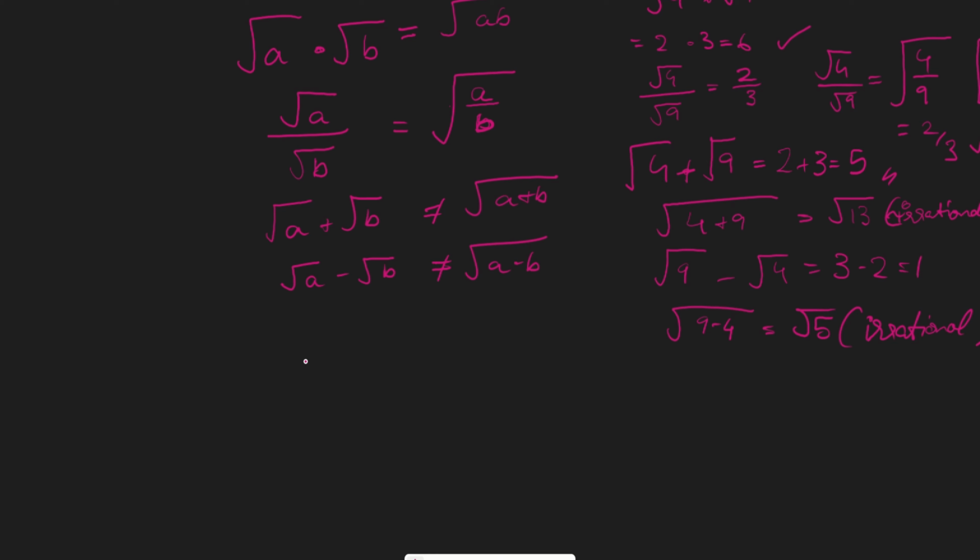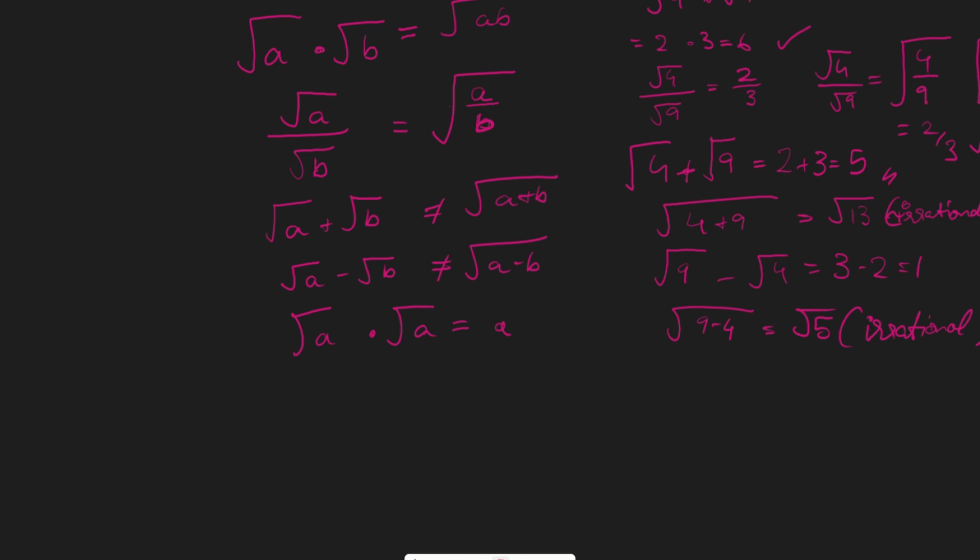Well, now root a times root a is essentially root a square, right? Now you have a square root and you have a square, so that's going to cancel. So you're going to get a. Therefore root a times root a is just a.